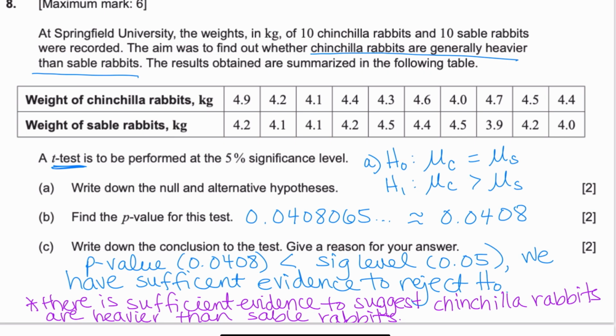In that case, it is imperative that you talk about the variables they're using in the problem. Right now, since all they said was to write down the conclusion to the test, you can get away with just saying that we have sufficient evidence to reject the null hypothesis. Had they mentioned something about in context, you need to make sure that you address the chinchilla rabbits and the sable rabbits.